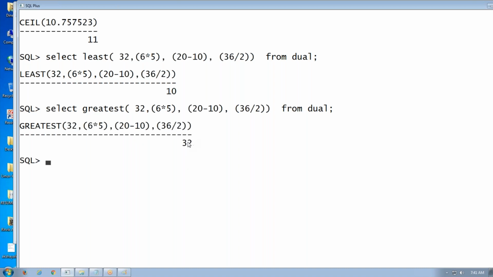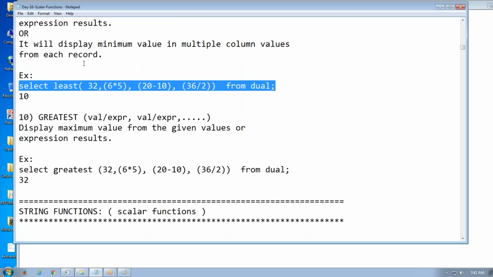We should write greatest. Next one. So this is about numeric functions under the scalar category.